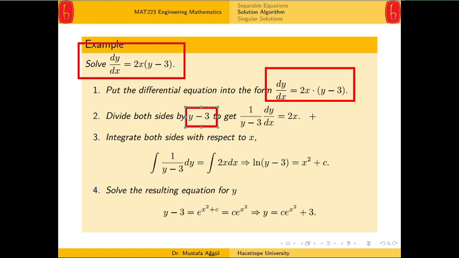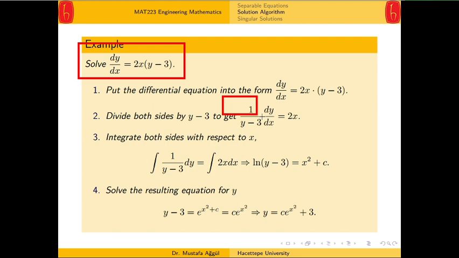We will end up with this differential equation here, and then we need to integrate both sides with respect to x. On the right hand side we have 2x dx integrated, and on the left hand side we have 1 over y minus 3 times dy/dx dx, and I know it's dy, so I just skip that part and say this is dy.